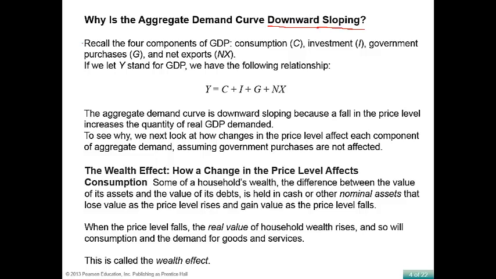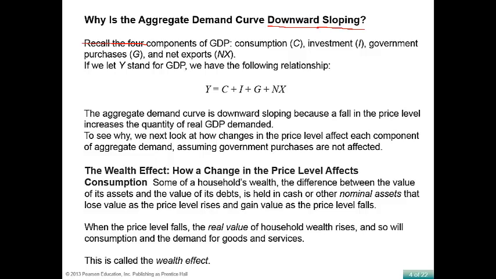Now, let's take a recall because we haven't gone over it yet. But the components of GDP are made up of personal consumption by households, gross private domestic investment by companies and firms, government purchases, and net exports, which can be defined as exports minus imports.